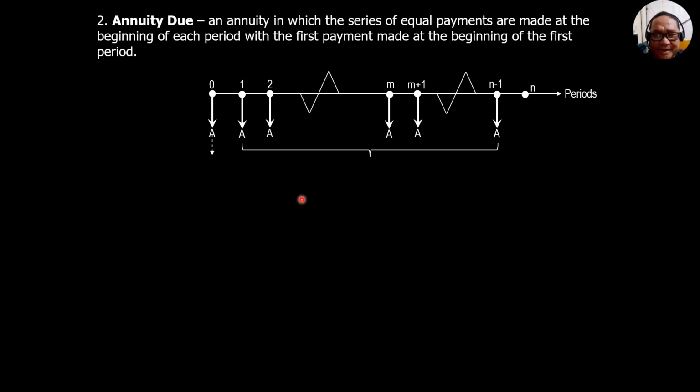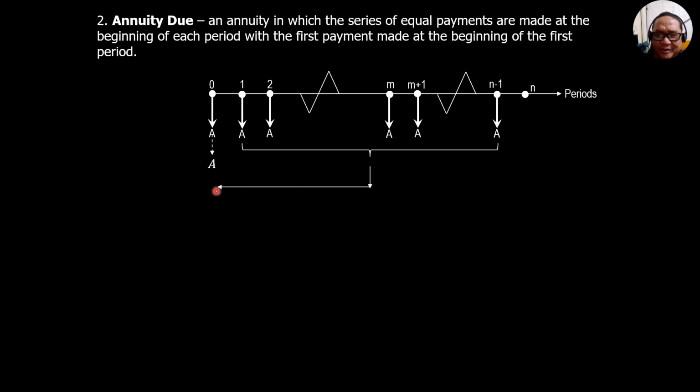So if that's the period, so this is A, and we're going to project this at present. This is already present value.